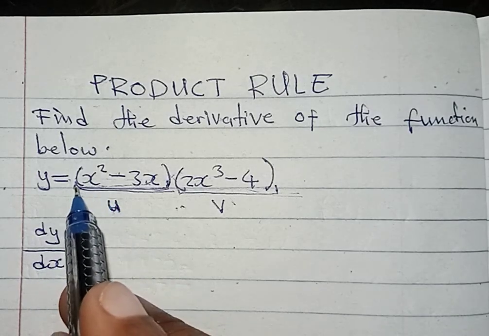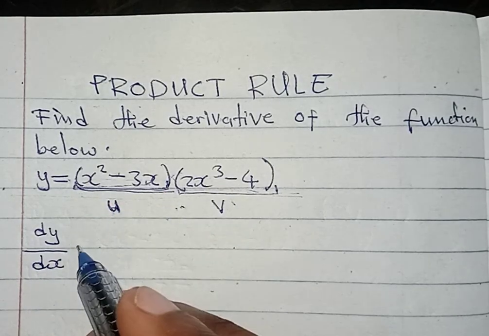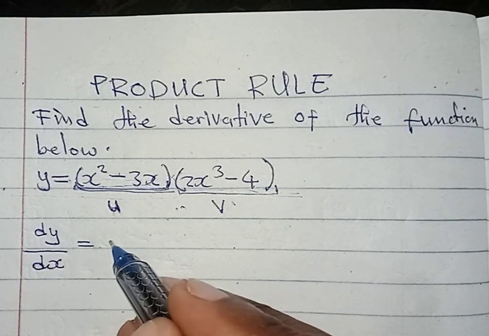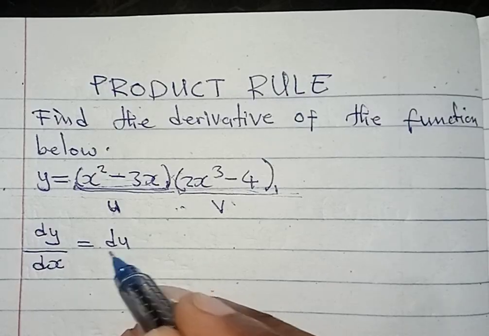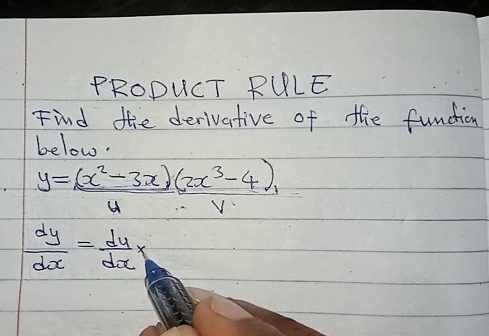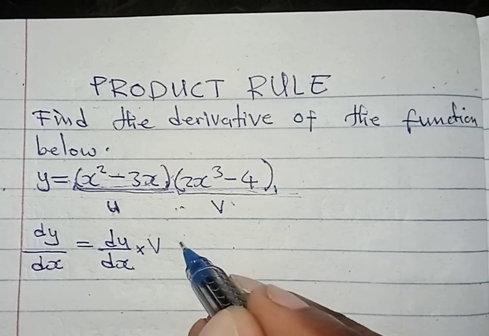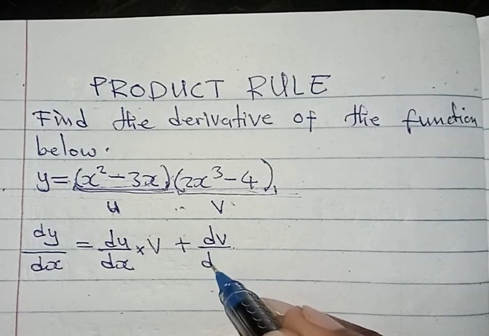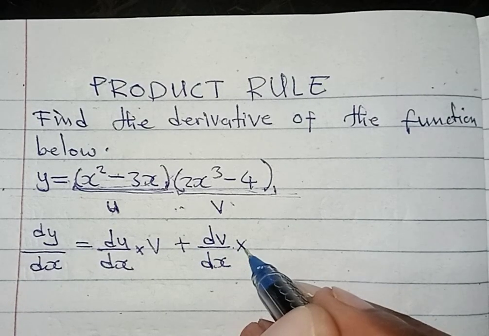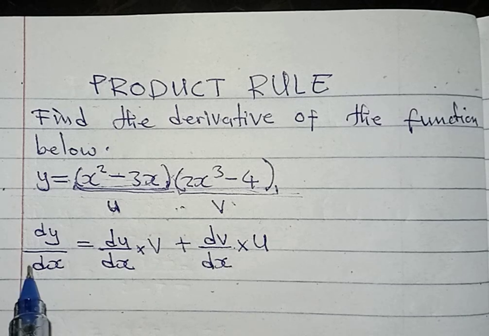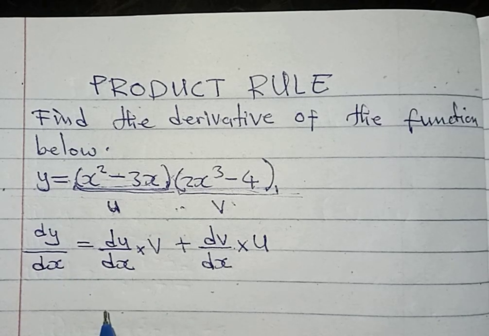So two functions subjected to multiplication, we say dy dx is given by du over dx multiplied by v plus dv over dx multiplied by u, like that. This is the notation which we follow for the product rule.